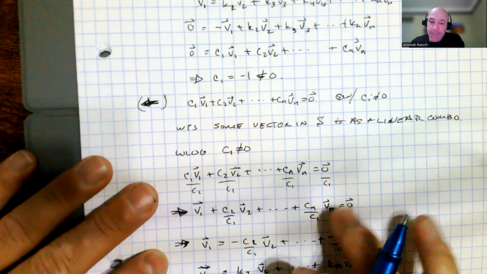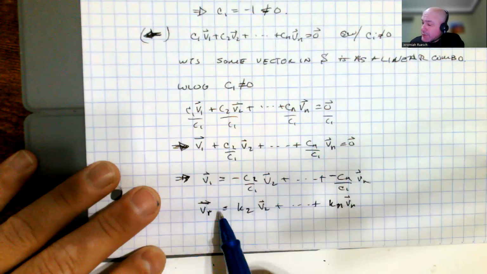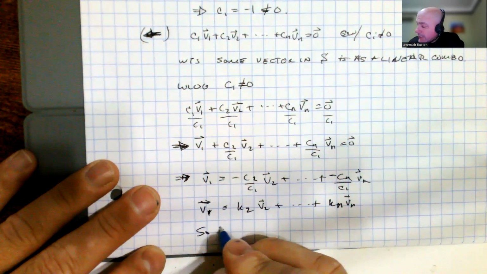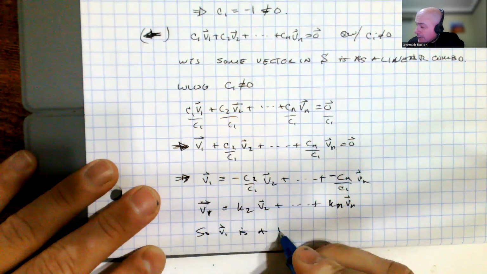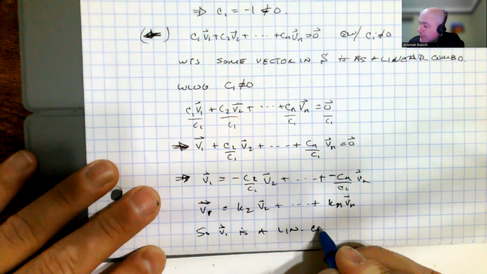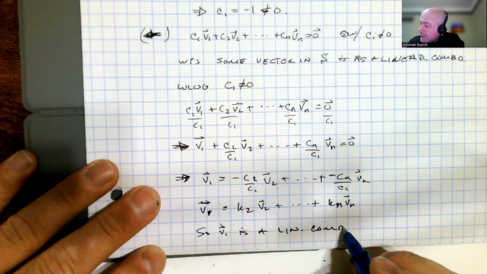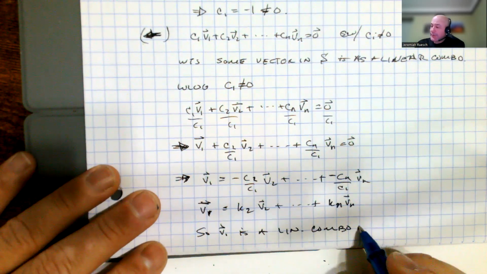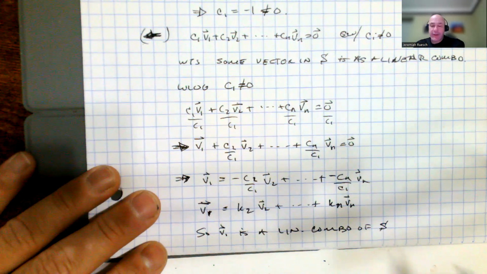This shows that v1 is a linear combination of the vectors of the set S.